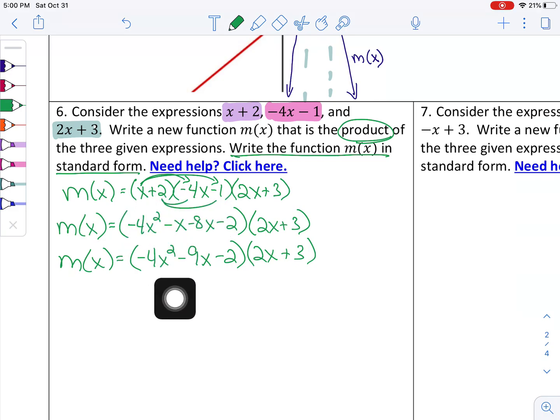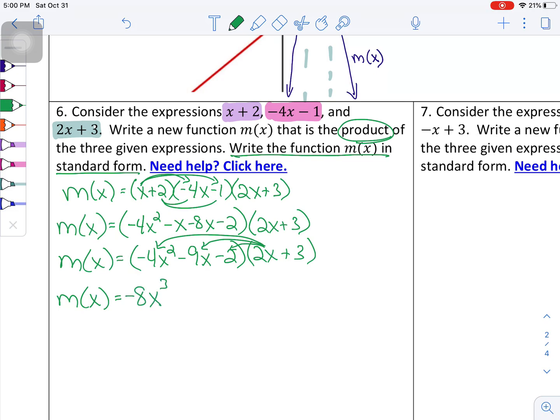I multiplied the first two terms together, and now what I need to do is actually multiply with this 2x plus 3. Now, you can absolutely distribute like we did in the first part, and so that's what I'm going to do. I'm going to take 2x and distribute it times each one of these pieces.